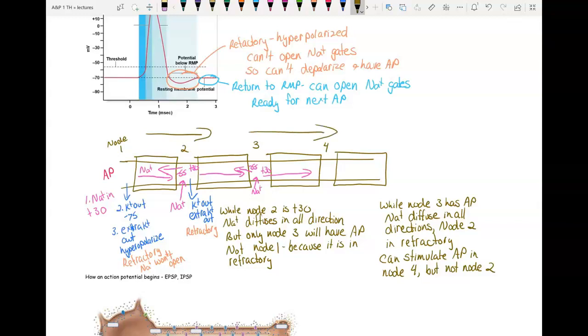It can't go backwards, because every time a node has an action potential, that's followed by a refractory period, and that node cannot have another action potential yet. By the time refractory ends, the action potential has already passed on. So once we get to where the action potential is in node 3, refractory is done here. This is back to resting membrane potential.